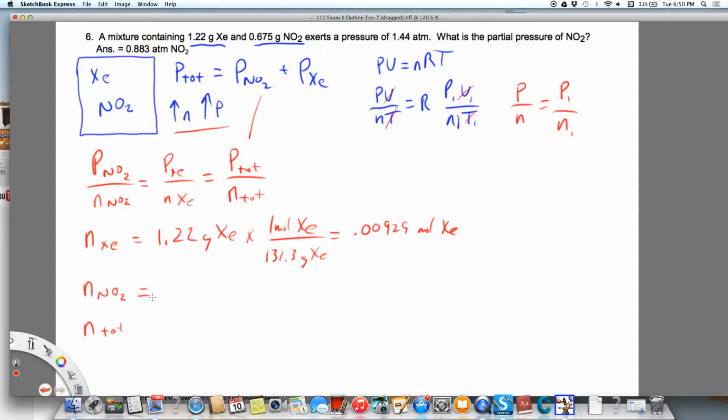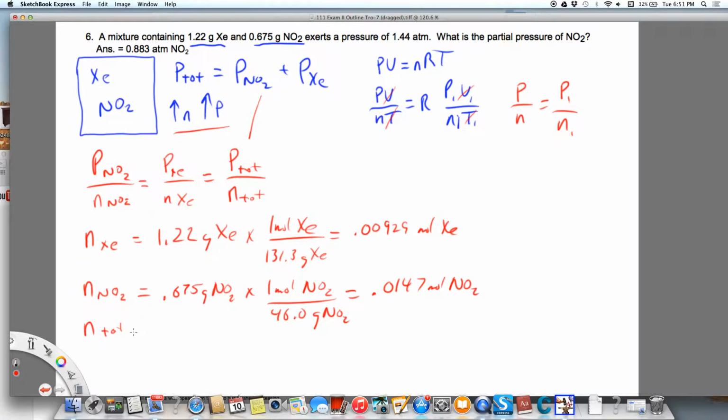Okay, so let's do NO2, sorry. NO2, it says we have 0.675 grams of NO2. Change that to moles. 46.0 grams. Okay, and that's going to equal 0.0147 moles NO2.